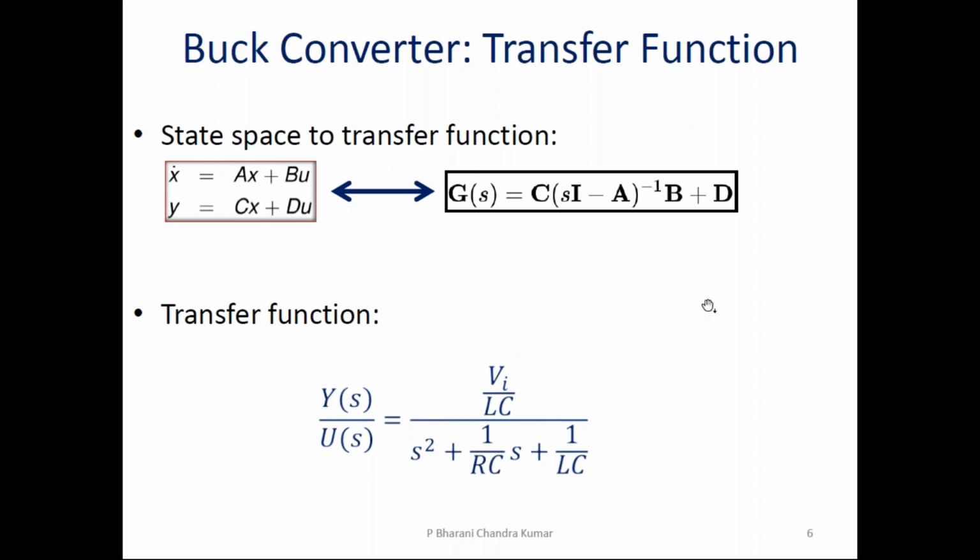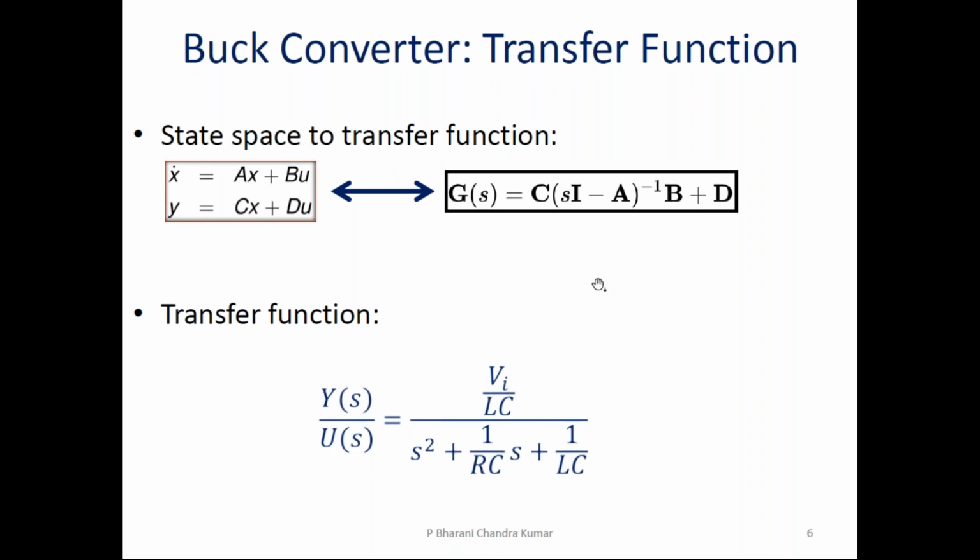And one more thing I want to emphasize is that state space models are not unique, whereas the transfer function is unique. For the same transfer function, I can have an infinite number of possible combinations of A, B, C, and D. They are called different state space forms, like controllable canonical form, observable canonical form, eigenform, Jordan form, diagonal form.